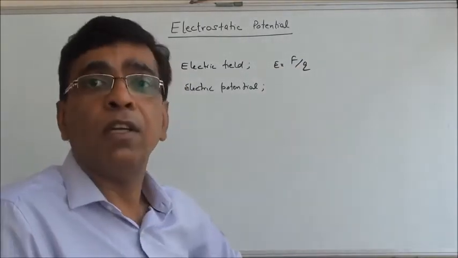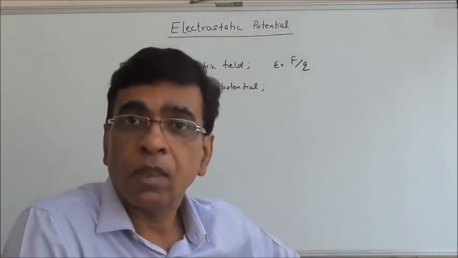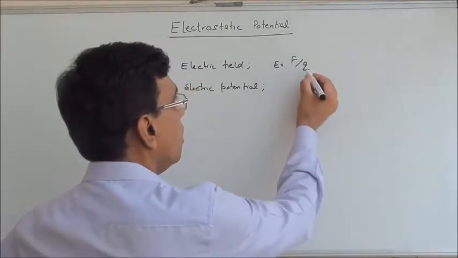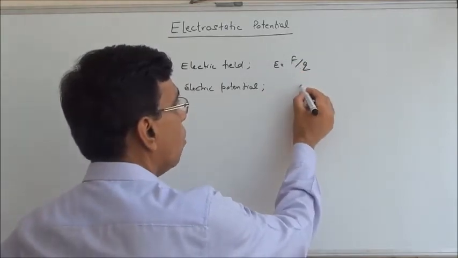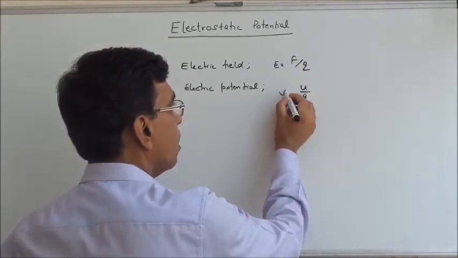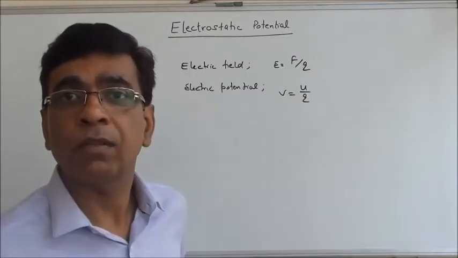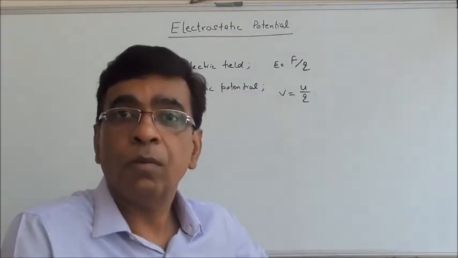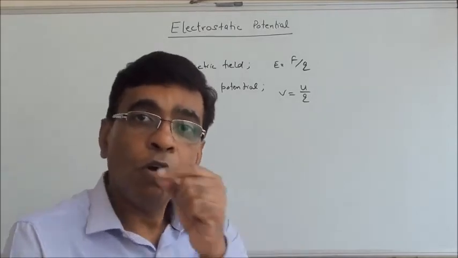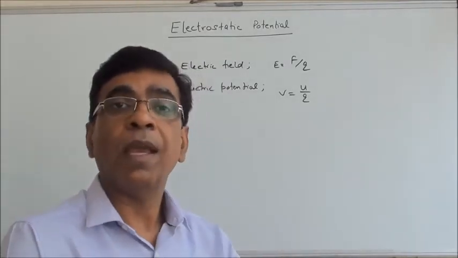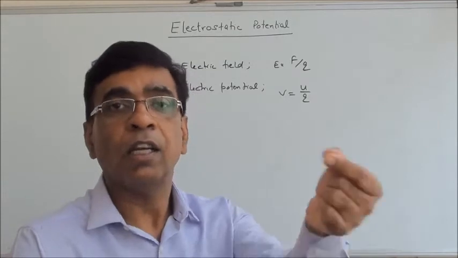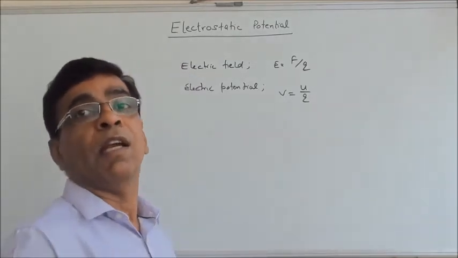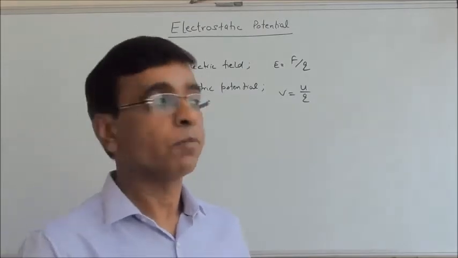Potential is related to the work done, to the potential energy. Force per unit charge is field intensity, or energy per unit charge, it will be taken as a potential. So we will find out the electrostatic potential energy of the source charge and the test charge and divide by the test charge. That is the electric potential at that point.